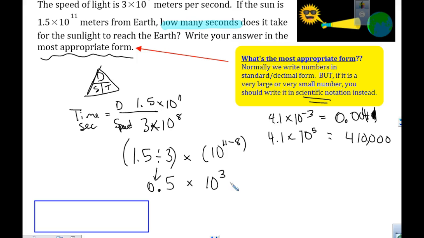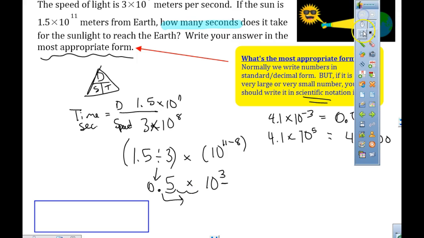In standard form, what would it be looking like? 5 times 10 to the 4th. Yes, but I want to write it in standard form. I don't want to write it in scientific notation. So how many places am I moving this decimal over to the left because of this number? 3 places. So when I move it over 3 places, I'm actually going to have a solution of 500.